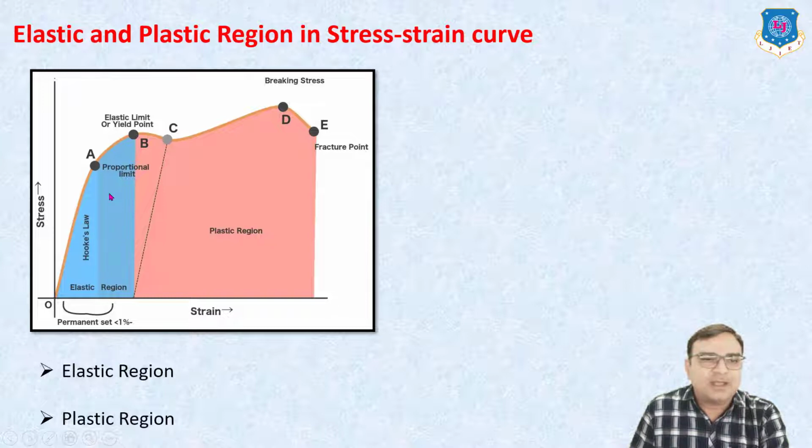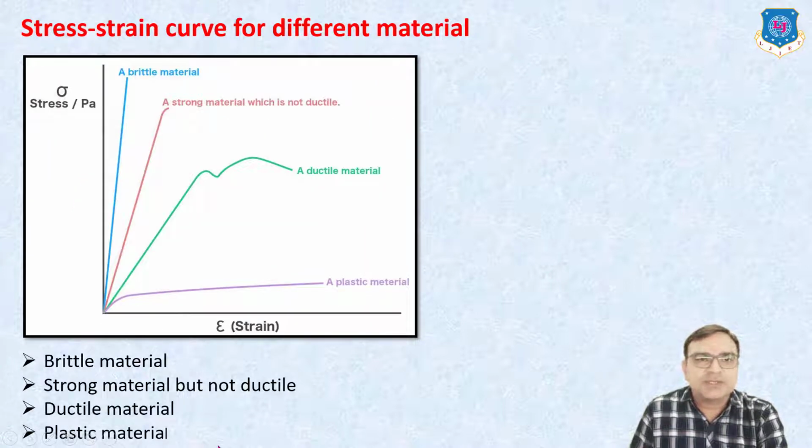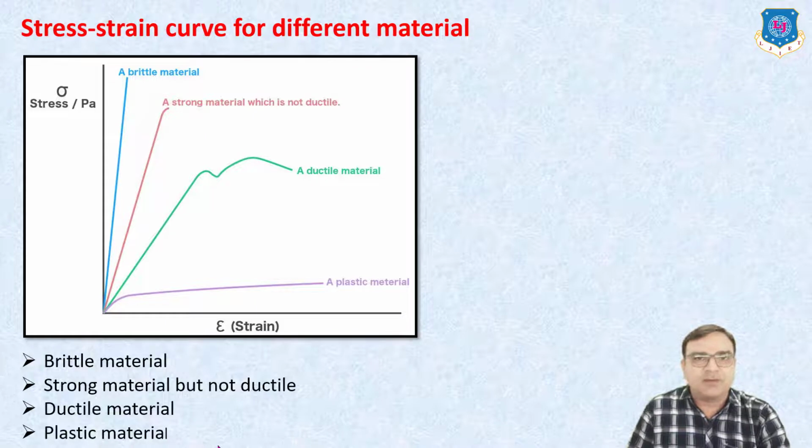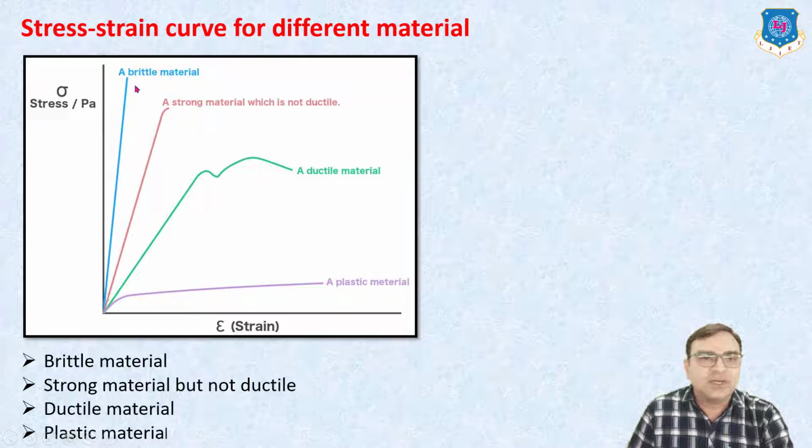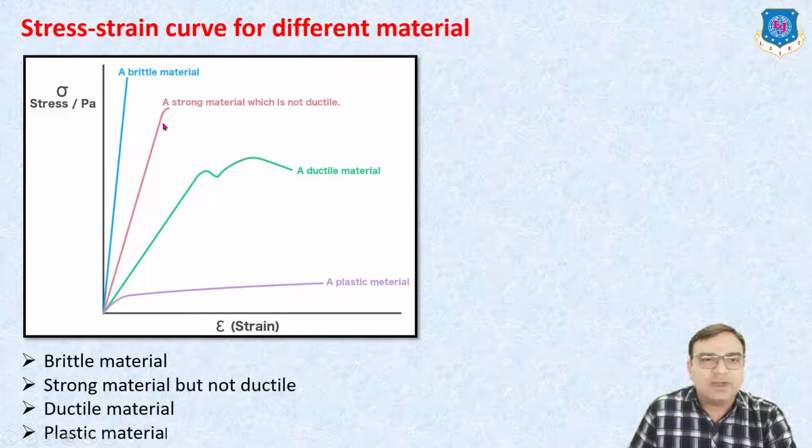Now stress versus strain curve for different materials. For brittle material, there is only a straight line. Second, a strong material which is not ductile: there is a formation of a small curve after the elastic zone.